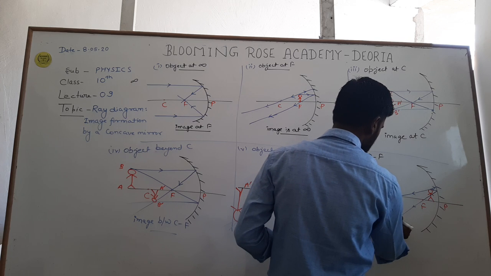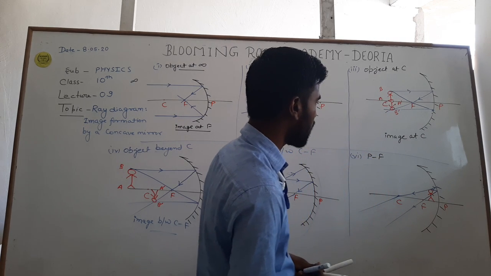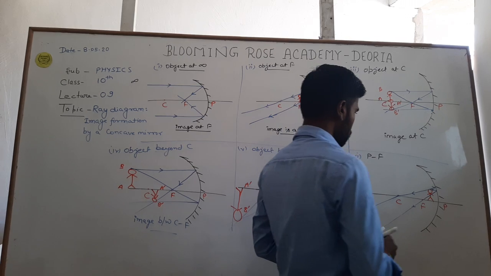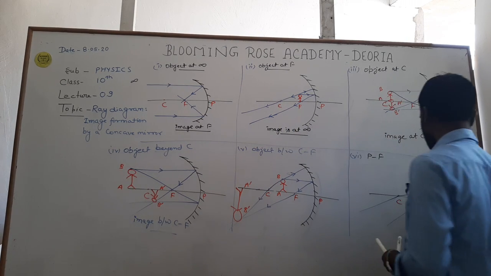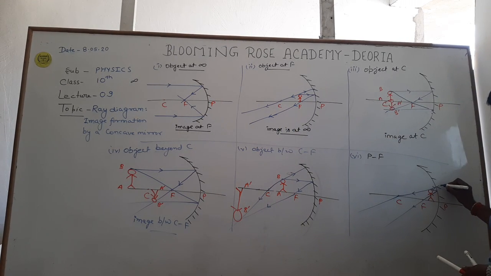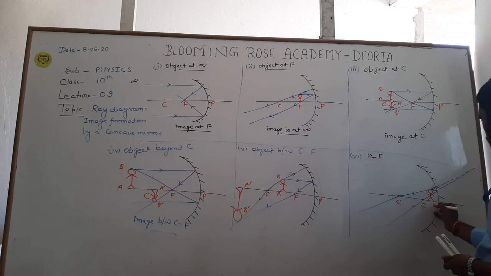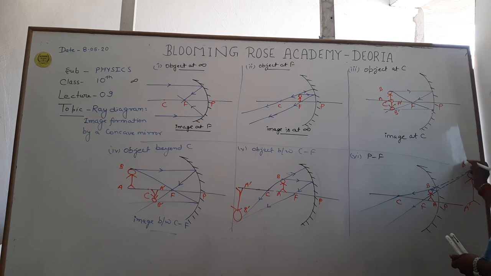You can see that these lines never meet anywhere, but when we extend these lines to the back side of the mirror, we can see the virtual and erect image here, AB. Also the image of the object, A dash B dash, is straight.